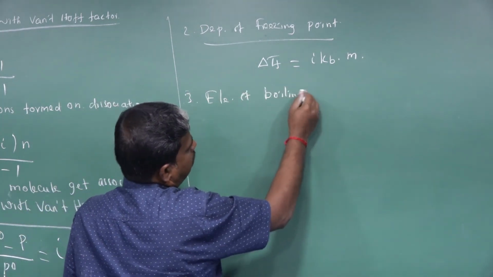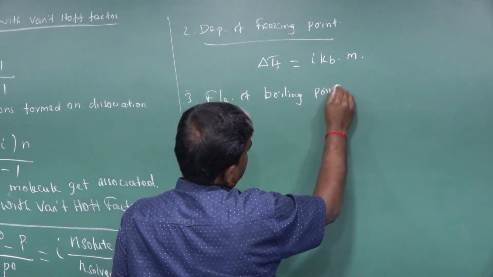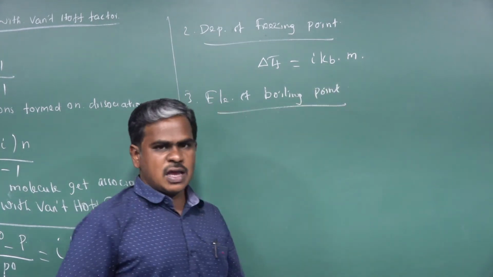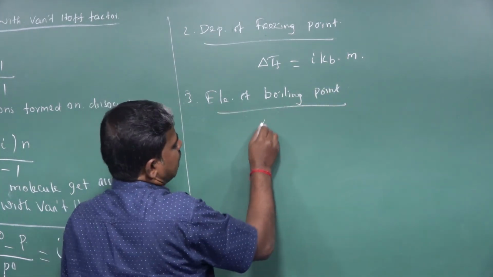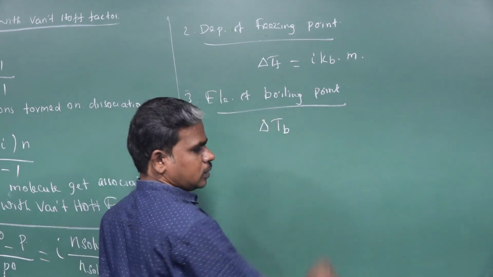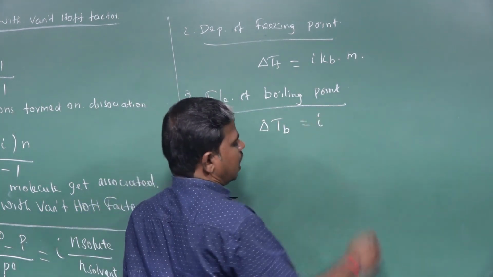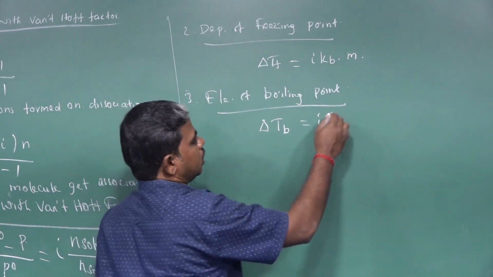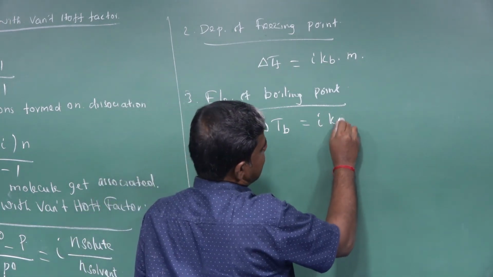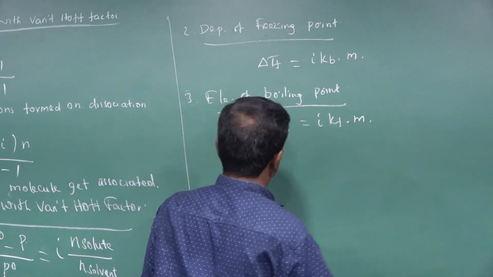The third one is elevation of boiling point, delta TB, which is equal to the Van't Hoff factor i times KB times m.